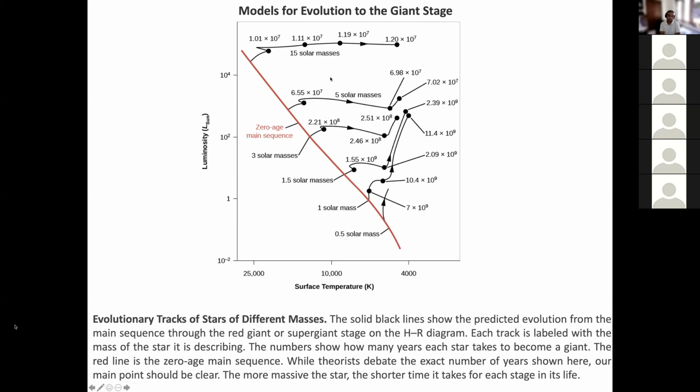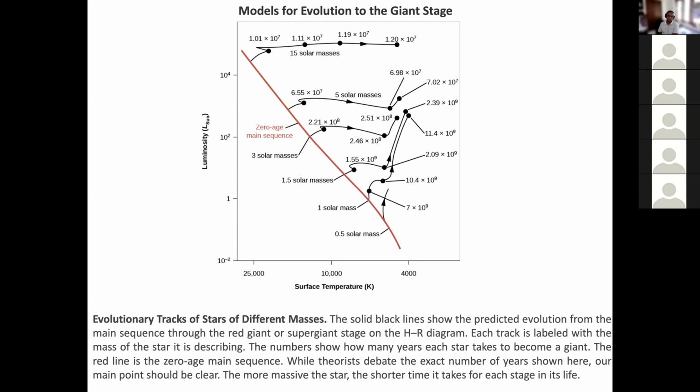Something you need to pay attention to is this number, 1.01 times 10 to the power 7, like that. That number is actually the number of years that each of these stars spends at different phases in their evolutionary process.